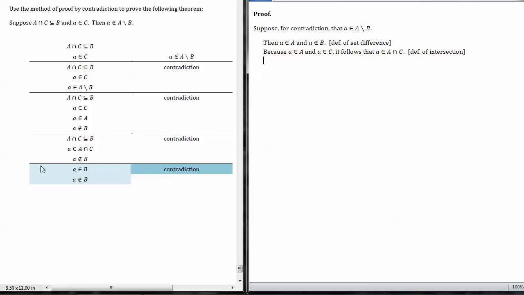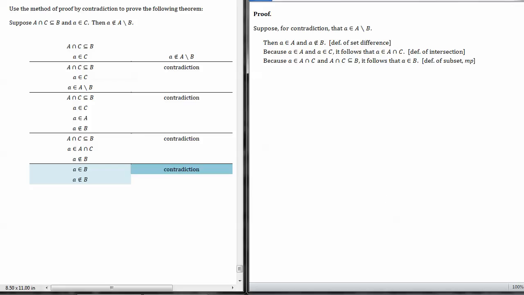If you write that out, you need to use modus ponens as well to conclude that A is in B. So because A is in A intersect C and A intersect C is a subset of B, it follows that A is also in B by definition of subset together with modus ponens.